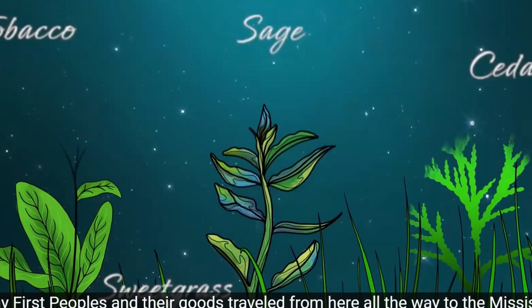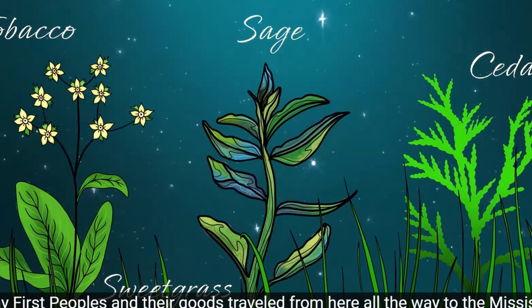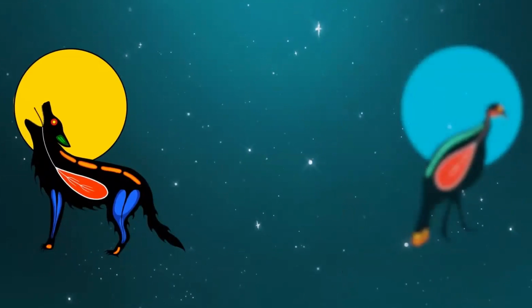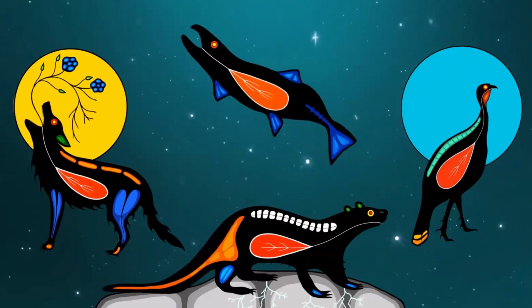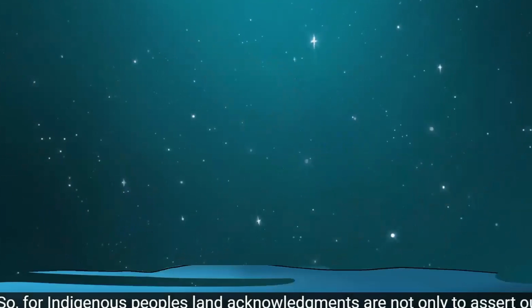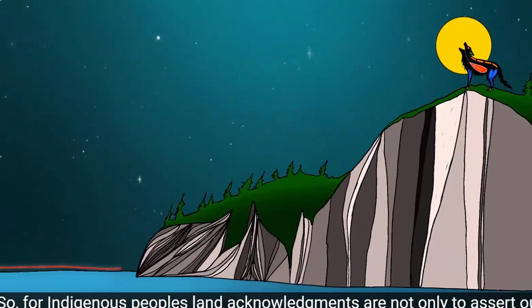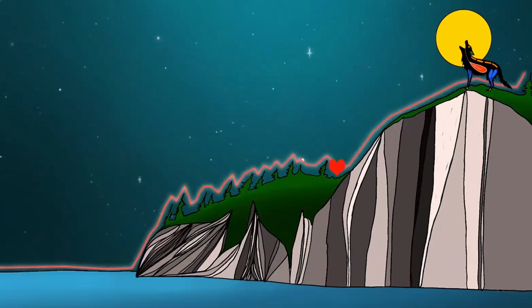Many First Peoples and their goods traveled from here all the way to the Mississippi and back. Whenever I travel somewhere new, I try to find out whose land I'm on, and I ask, who are the original occupants here? So for Indigenous peoples, land acknowledgements are not only to assert our sovereignty and treaty rights of today, but it's also a way for all peoples to feel more connected to a place.